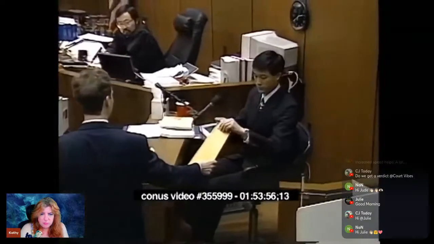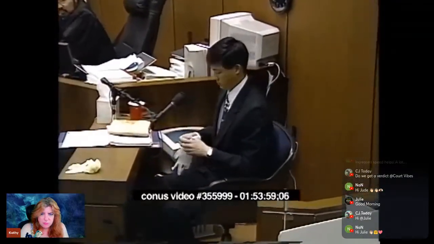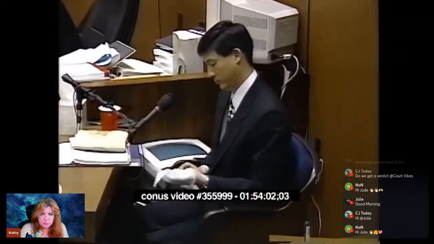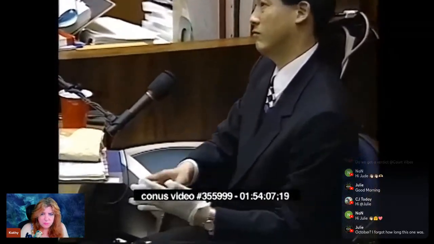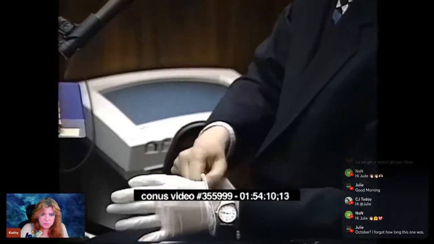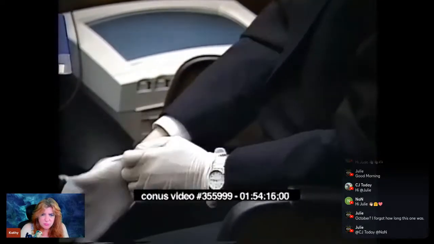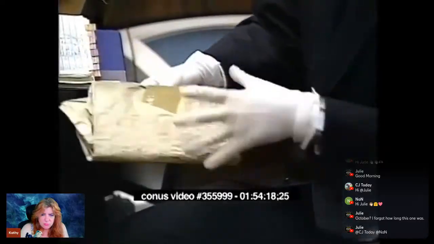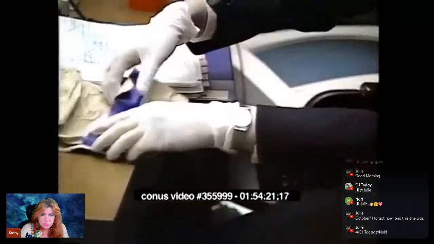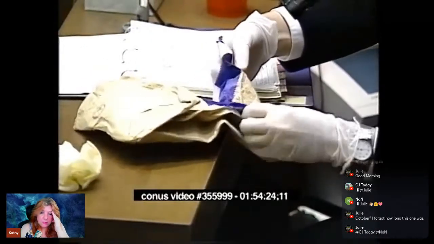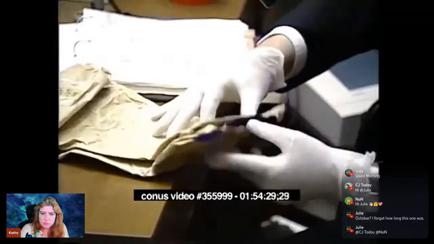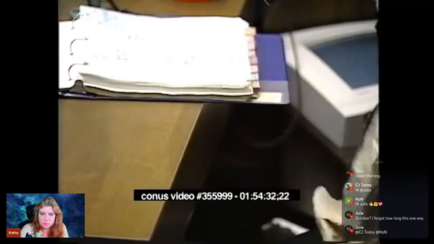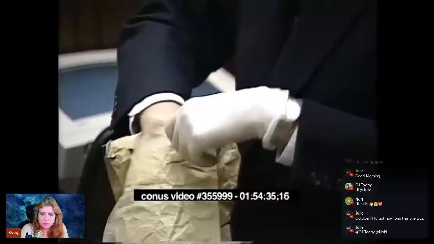Sir, can you open up the envelope that's number 9 for identification and tell us what you're doing? I am unfolding the bag, breaking the seal, reaching in the bag.